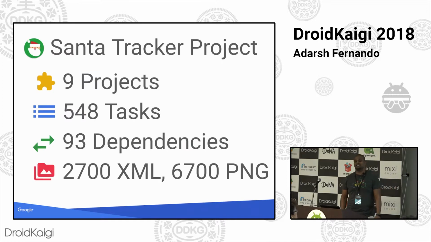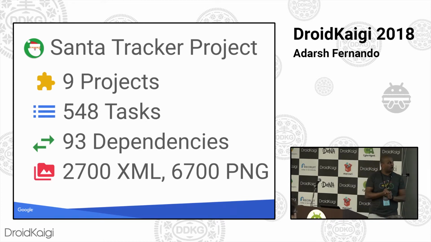So let's take a look at a real-world example. This is the Santa Tracker project. It's available from the Google GitHub repository, so you can pull it, download it yourself, and try everything out that we're going to do. Just an overview: there are about 9 projects or modules. What Gradle considers a project, Android Studio considers a module.